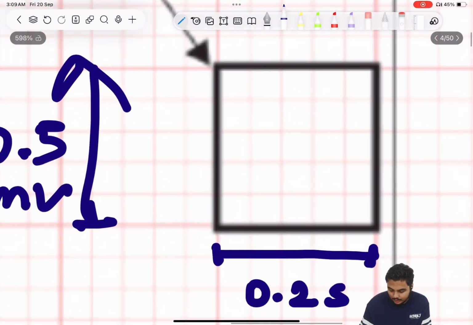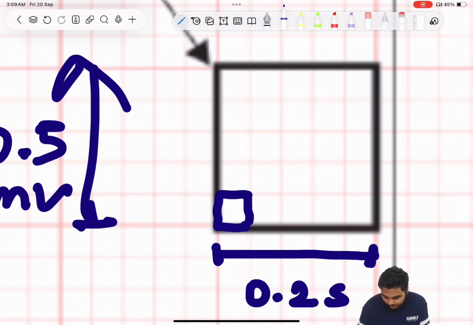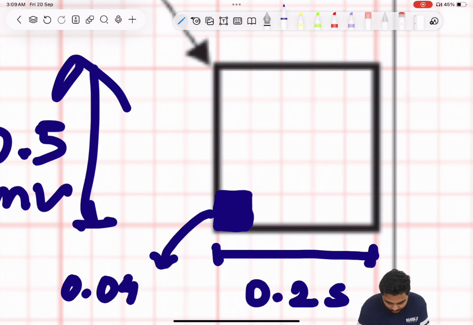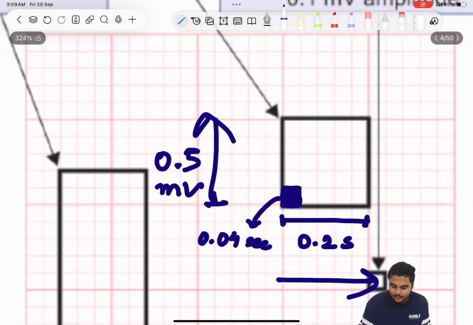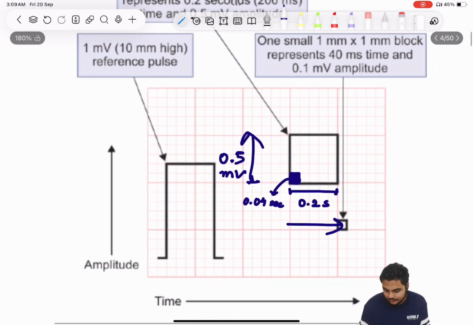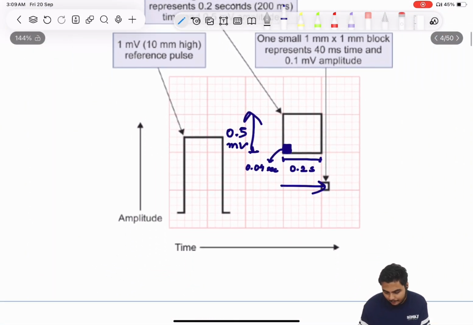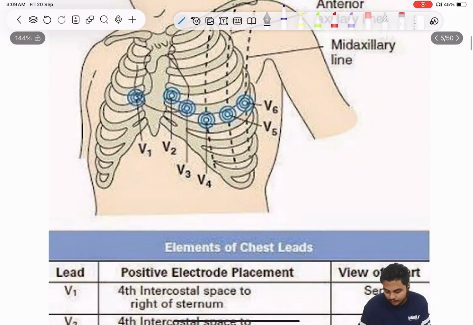Since the large square has 0.2 seconds, if we divide 0.2 by 5, we will get the duration of each small box, which corresponds to 0.04 seconds, right? Similarly, for each small box, the amplitude is 0.1 millivolt. Okay, guys, so this is the representation in the graph paper of ECG.